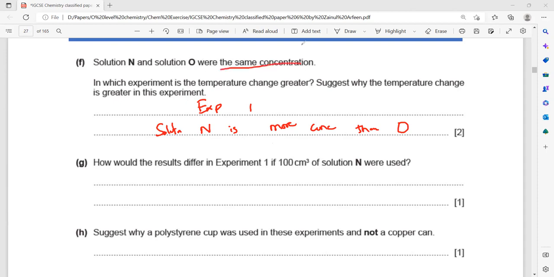If they were the same concentration, then you would mention that N is a strong alkali. Here it's mentioned that they are the same concentration, so you can mention solution N is more alkaline, or a strong alkali, or it has a higher pH.